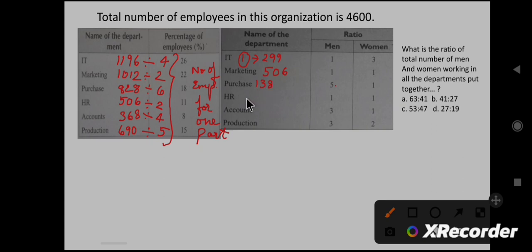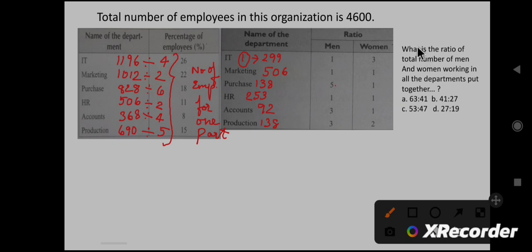For the HR department, if we do 506 divided by 2, we are getting 253. For accounts, if we divide 368 by 4, we will get 92. For production, if we divide 690 by 5, we will get 138. All these things are for one part.